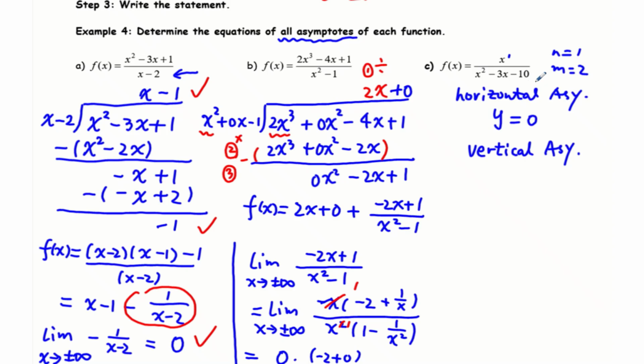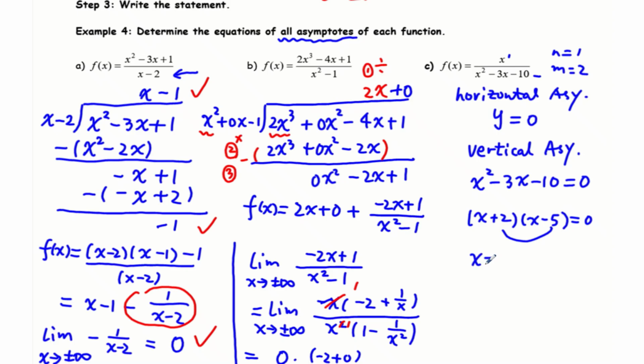Vertical asymptote is just the denominator equals 0. x squared minus 3x minus 10 equals 0. And also we have to make sure the zero is not a zero for the numerator. If it's a zero for the numerator, it's a hole, not a vertical asymptote. So this is a simple trinomial, x and x, no other ways. Two numbers that multiply to negative 10 and add to negative 3, so it's 2 and negative 5.